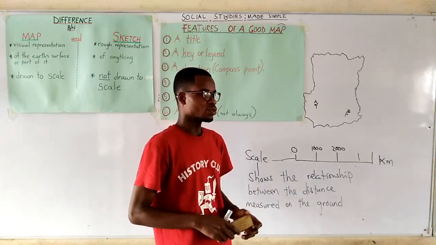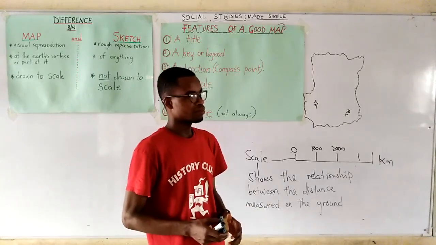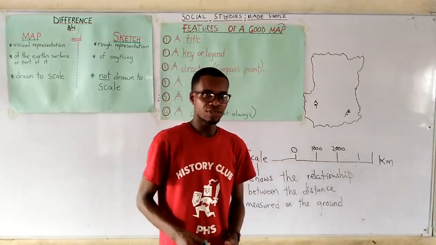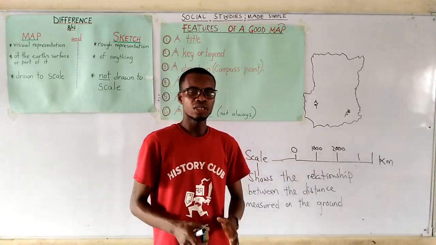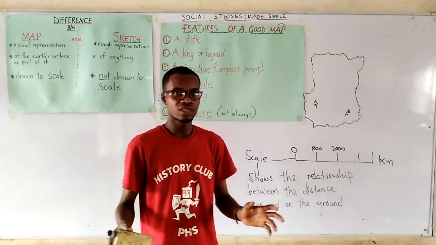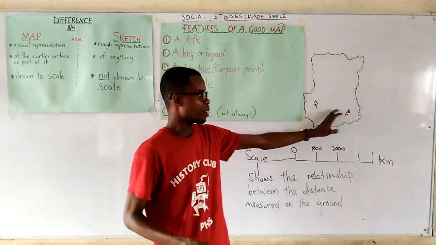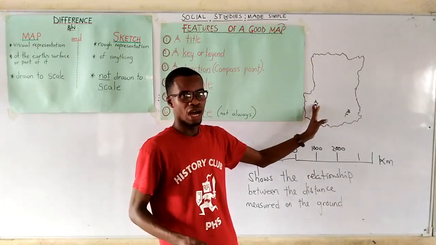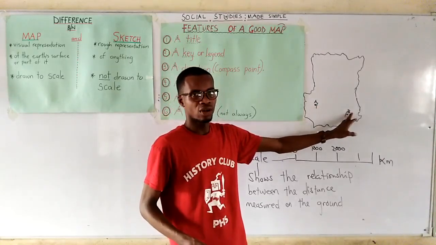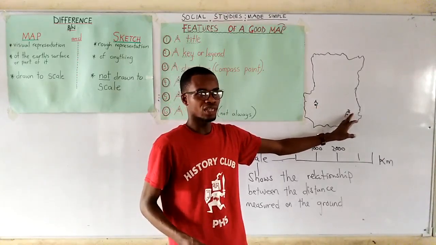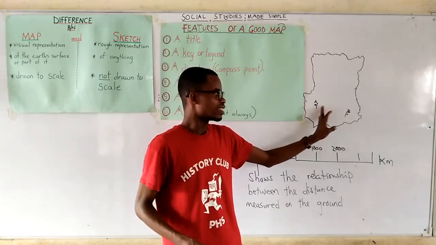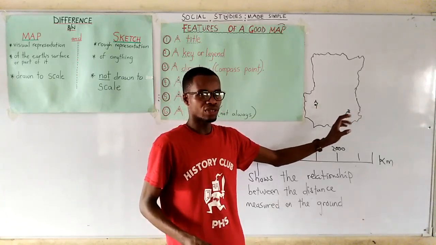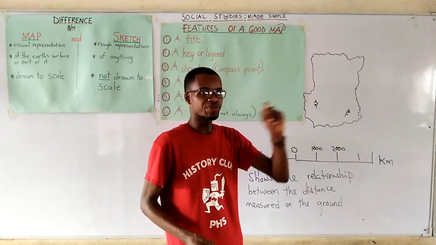So if you measure maybe from your doorstep or from your house to the lorry park, and it is going to take about 2 kilometers, now when you come to the map and you put 2 locations, that this is your house and this is the lorry park or the car park, then you are going to say that every 1 kilometer, I'm going to use 1 centimeter to represent it.